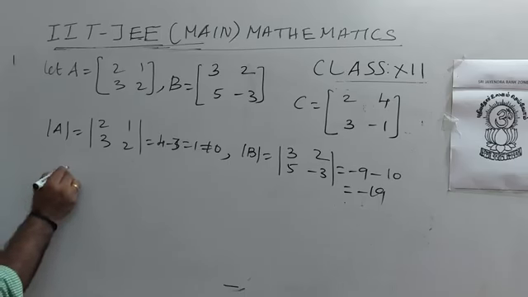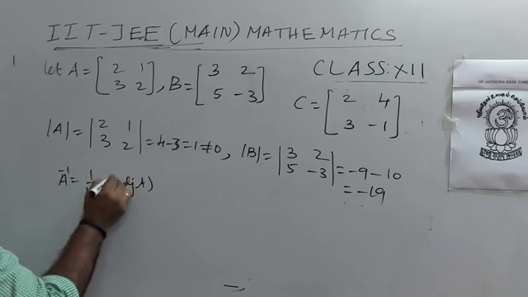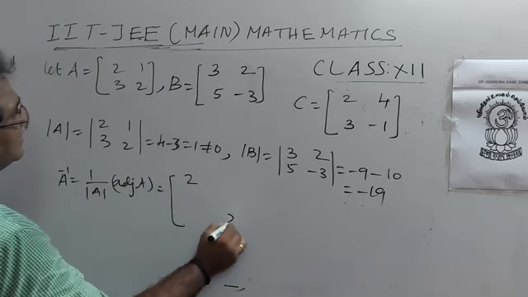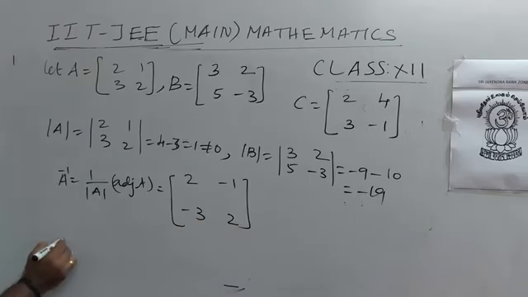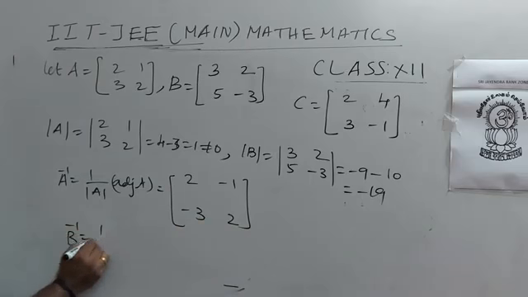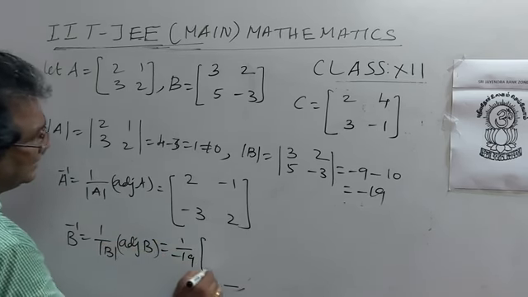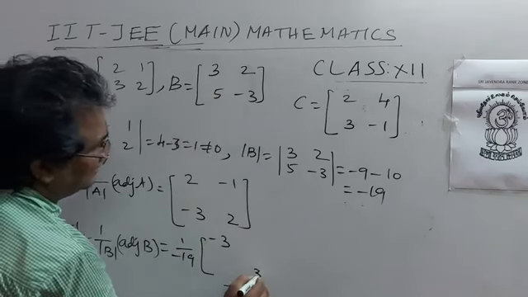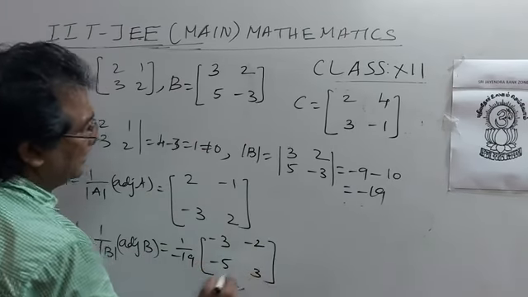So A inverse is 1 by determinant A into adjoint of A. Determinant means 1. To find the adjoint of A, interchange the elements and change the sign here: minus 1, minus 3. Like that, B inverse equals 1 by determinant B into adjoint of B, that is 1 by minus 19 into: interchange these elements, minus 3 here, 3, change the sign here, minus 2, here minus 5.